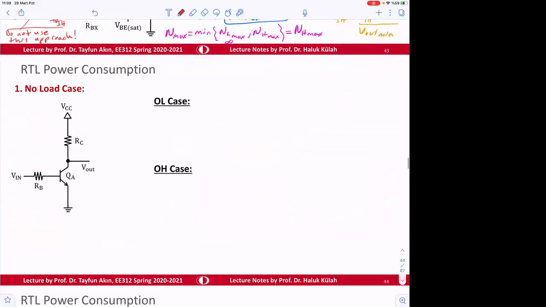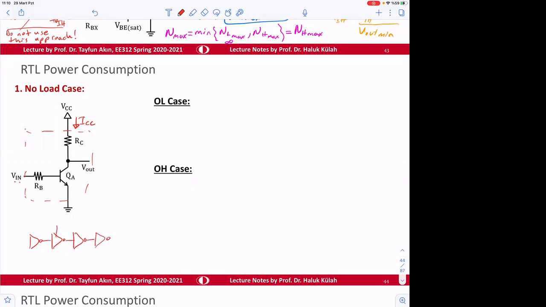Okay, so one other thing we need to determine is the power consumption. Here, the power consumption is going to be determined by VCC times ICC. But there might be also current coming to this transistor from Vin. We don't account that here because gates are going to be connected to another one and another one and another one.